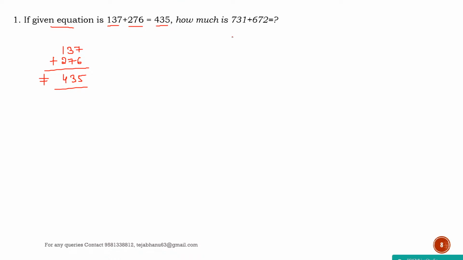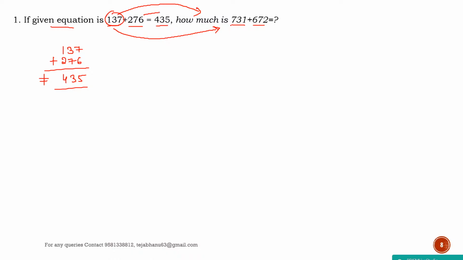Now, if you observe the numbers given here, they are exactly the reverse of these numbers. 137, he has taken as 731, exactly reverse.